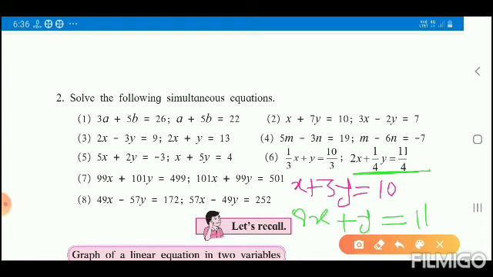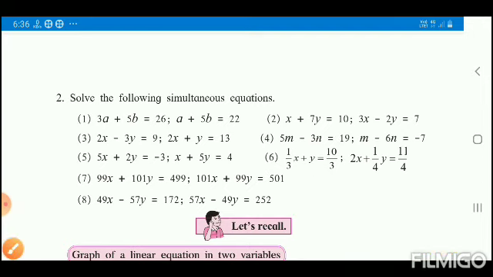Now multiply equation 1 by 8, otherwise multiply equation 2 by 3. Subtract the equations and you will get the value of x, otherwise y. Put this value in another equation and you will get the solution for the simultaneous equation.